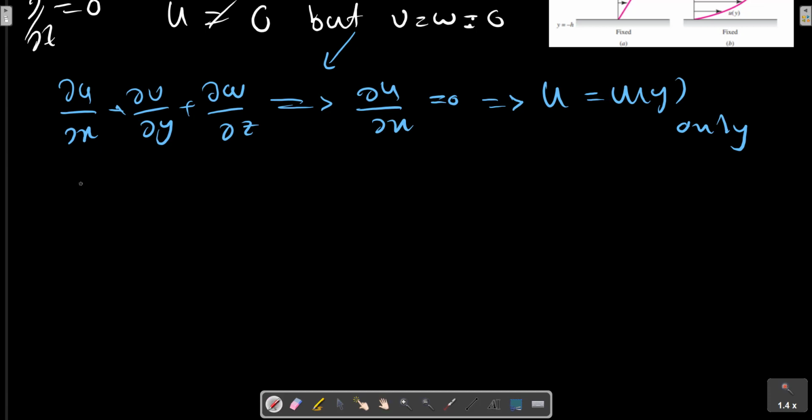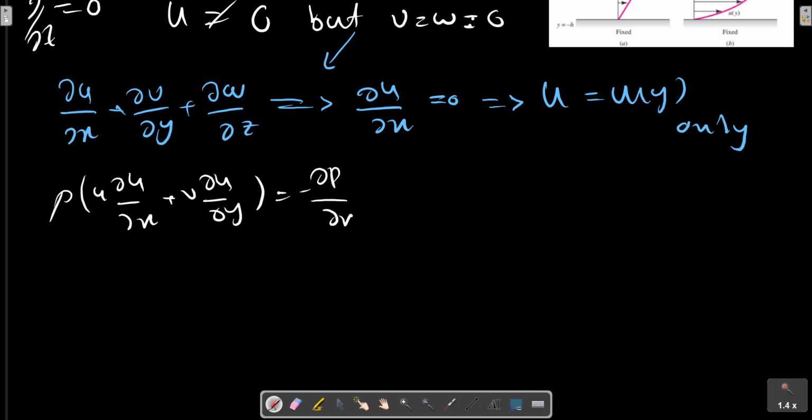Substitute u into the x component of the Navier-Stokes momentum equation, which is rho for an incompressible flow, the dissipation part, plus.